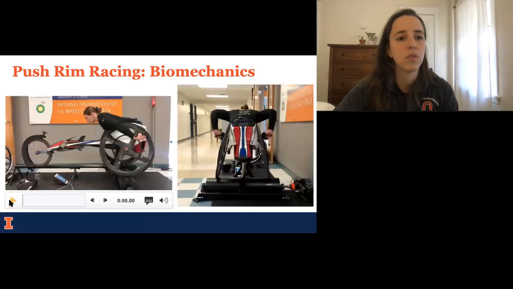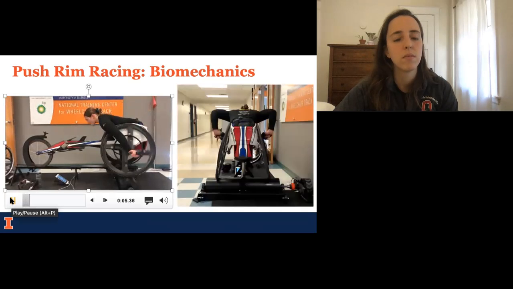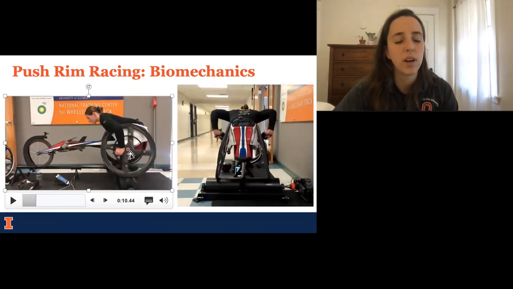So we'll take a look at some more footage here. This again is Chelsea. She's a T53 athlete. You can really see how when she hits the hand ring, you're going to get pronation, radial deviation, and extension. Right now she's in the supination part.